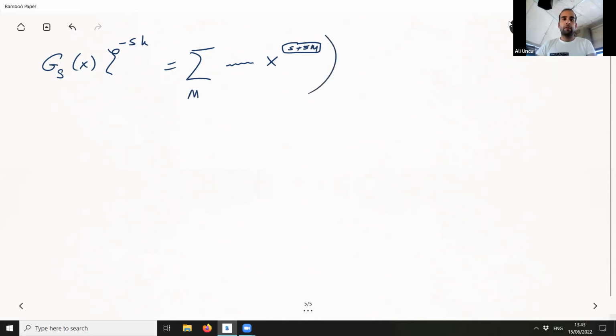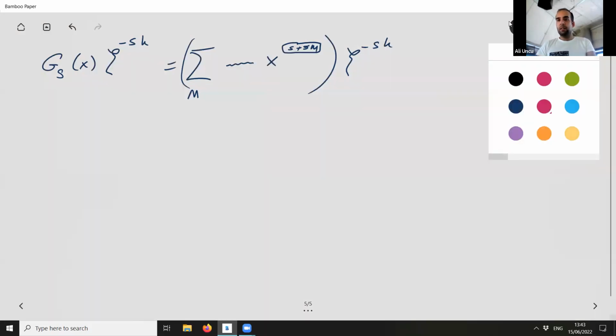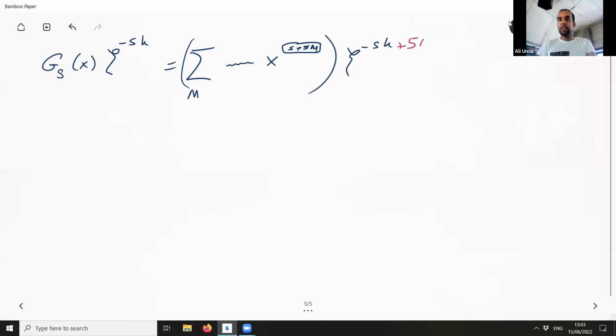And outside of that, we have the zeta of minus SK. But technically, we're just saying this could have had as many 5m's as it needs to, because this is a fifth root of unity. So any multiple of 5 in the exponent doesn't matter.